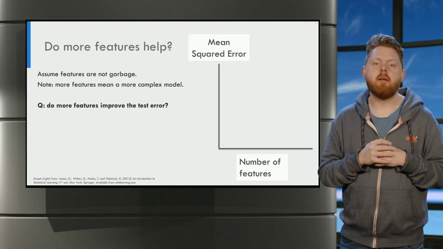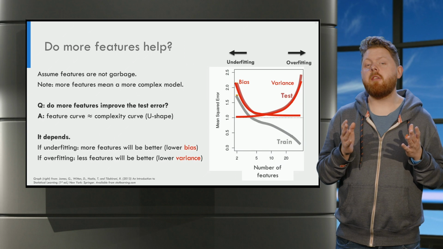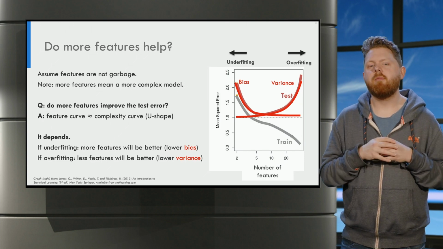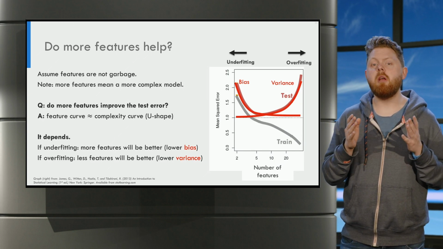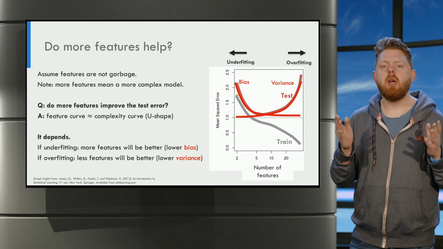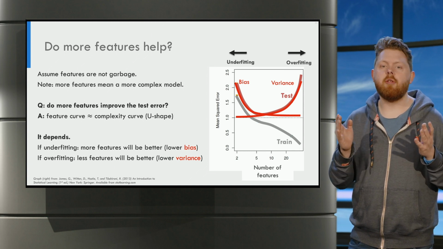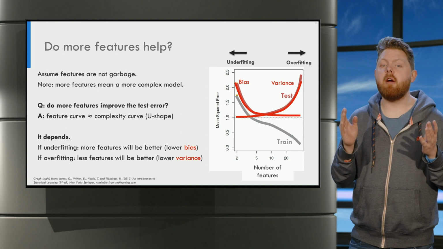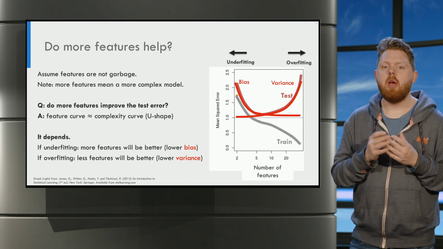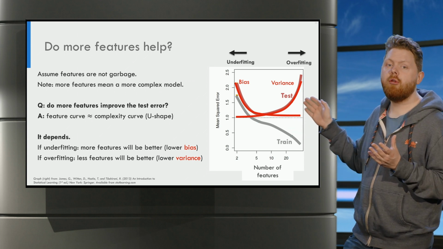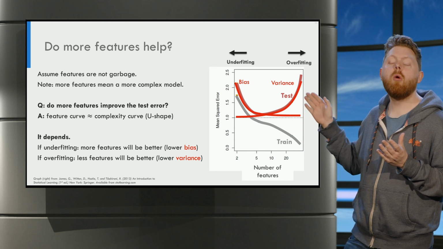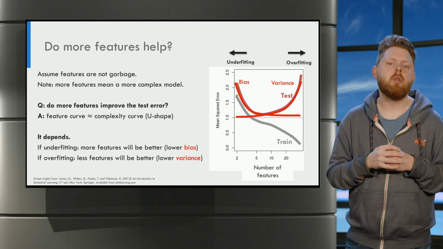Okay, welcome back. The answer is, it depends. More features mean a more complex model. Therefore, the feature curve and the complexity curve are very similar. Again, there will be a U-shape for the test error, also for the feature curve.